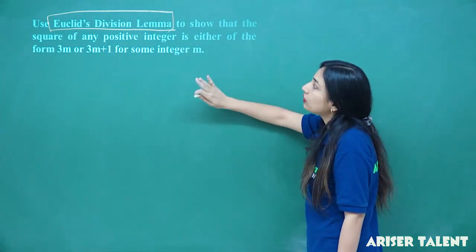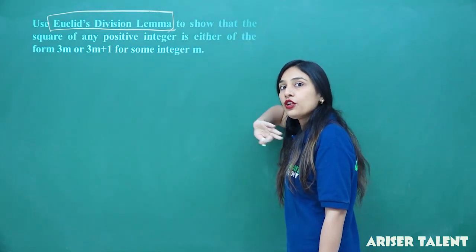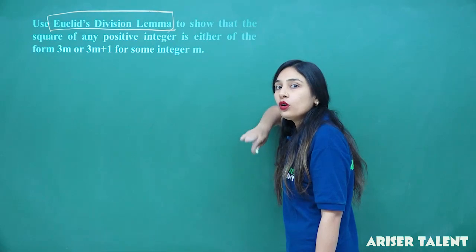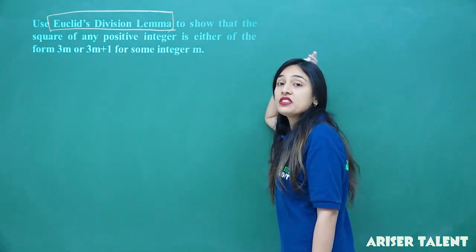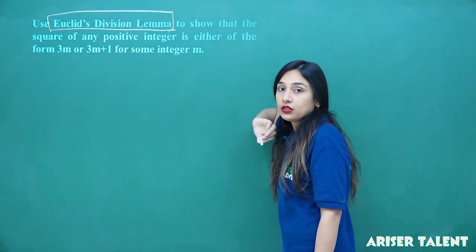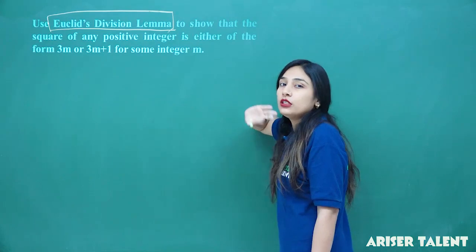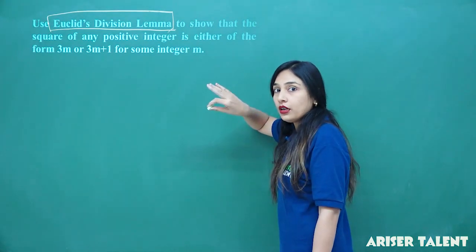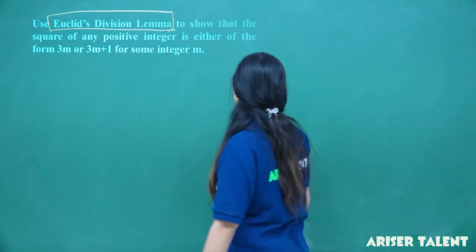So, what was the equation? I have told you that in every proof, what you have to do first is write the Euclid's division lemma equation, and then you will proceed. So, first you will simply write the lemma. What was that?